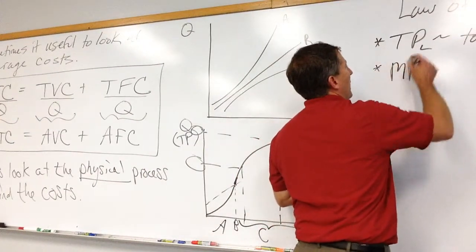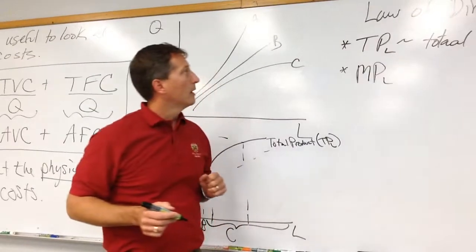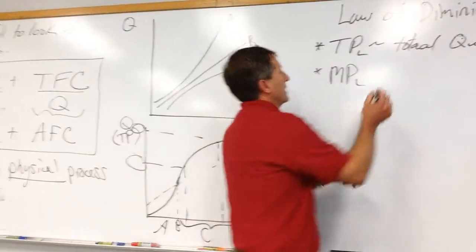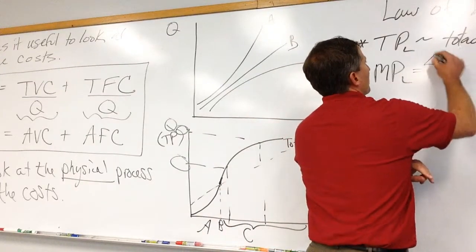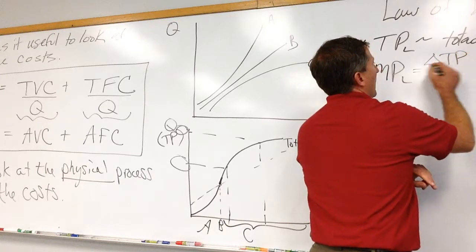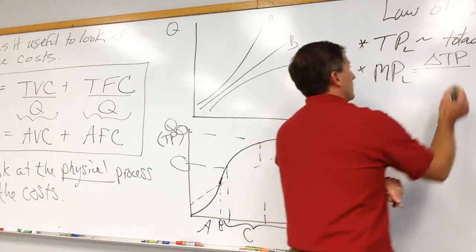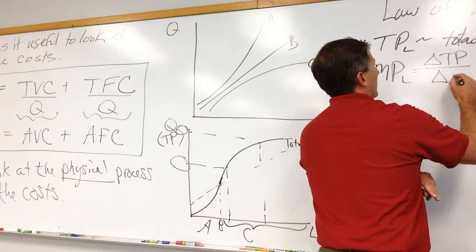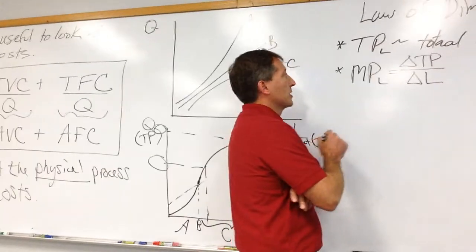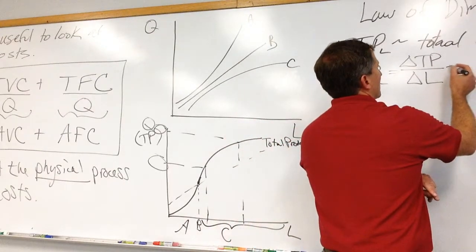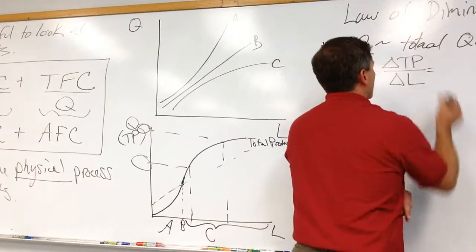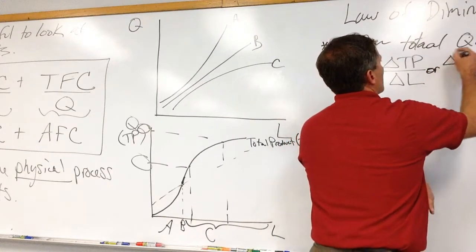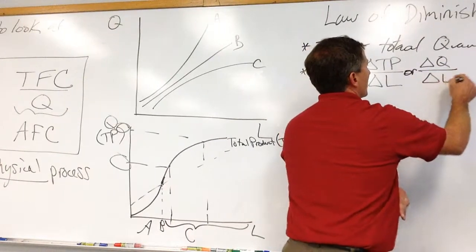The marginal product of labor is equal to, I'm going to give you the formula first, the change in total product, or the change in Q, I'm going to give it to you both ways, divided by the change in labor. Or you can just say the change in quantity over the change in labor.